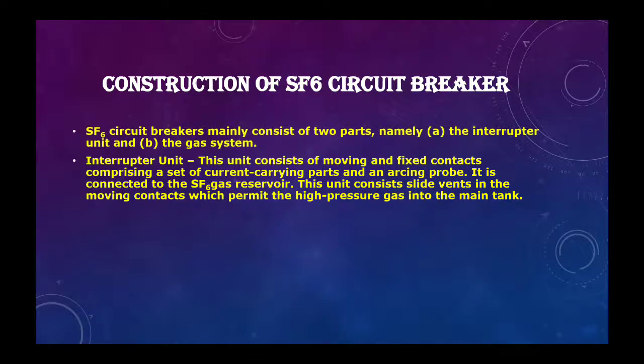The interrupter unit consists of moving and fixed contacts, comprising a set of current carrying parts and an arcing probe. It is connected to the SF6 reservoir. This unit consists of slide vanes in the moving contacts which permit the high pressure gas into the main tank.